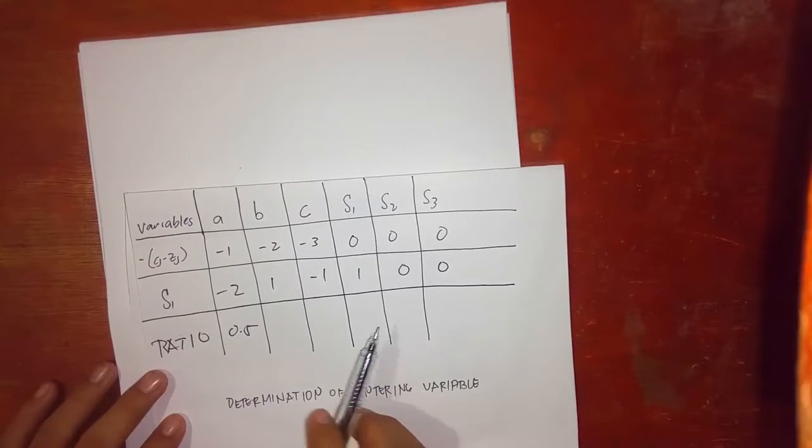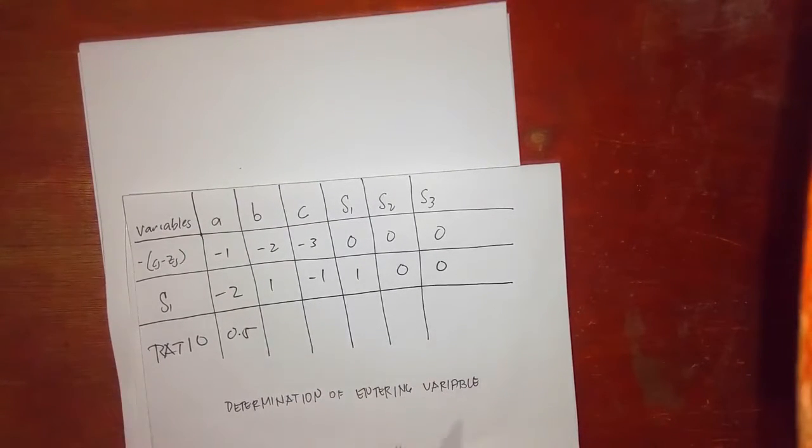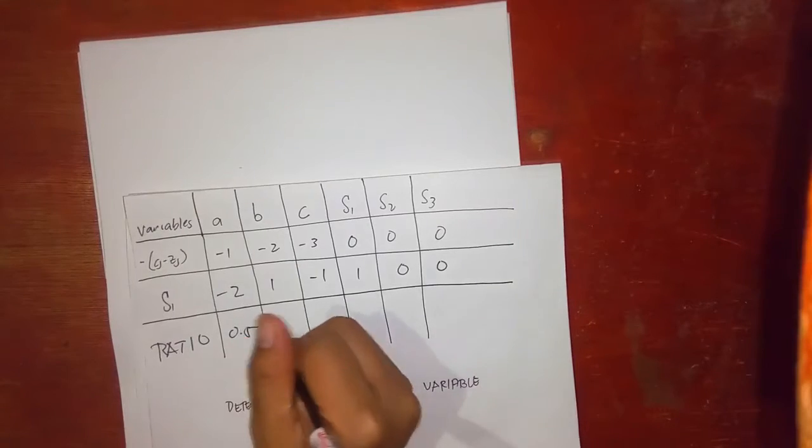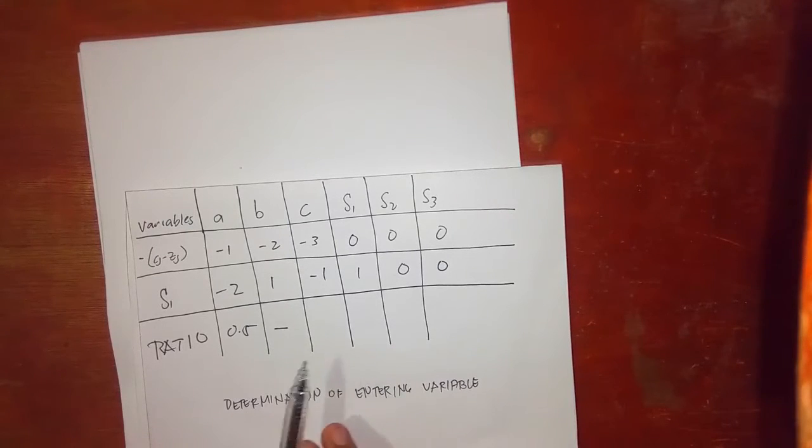In getting the ratio, we need to ignore the positive values or the zeros in the denominator. Since this one is positive in the denominator, we just ignore it. We just put a dash, meaning ignored.